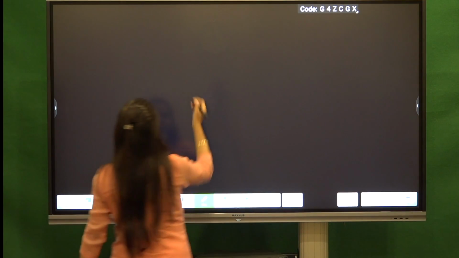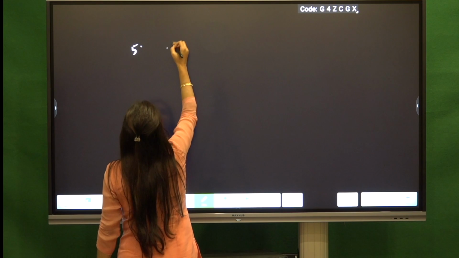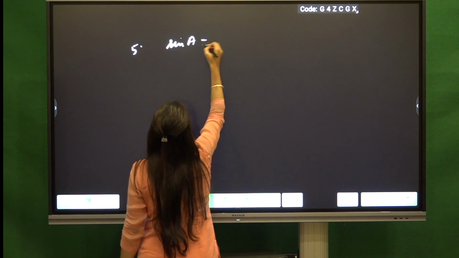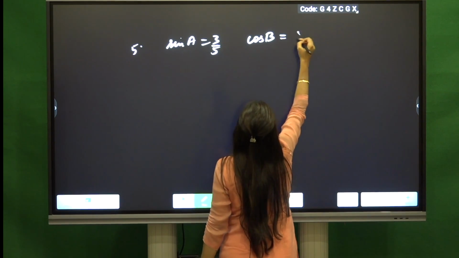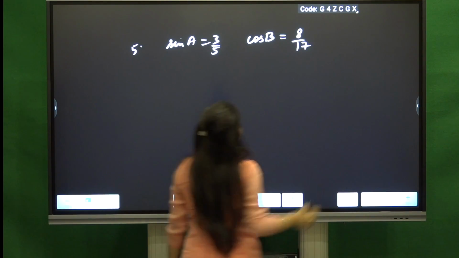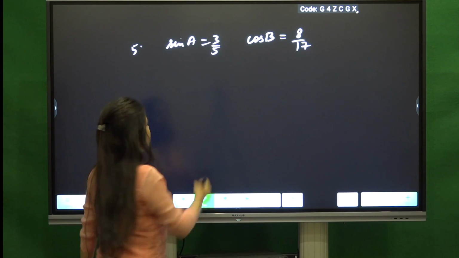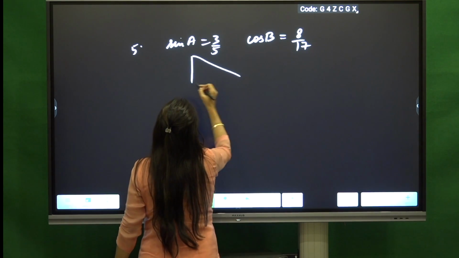So let us take one more example. Say we have sin A as 3 by 5 and cos B as 8 by 17. Okay. So this is what?